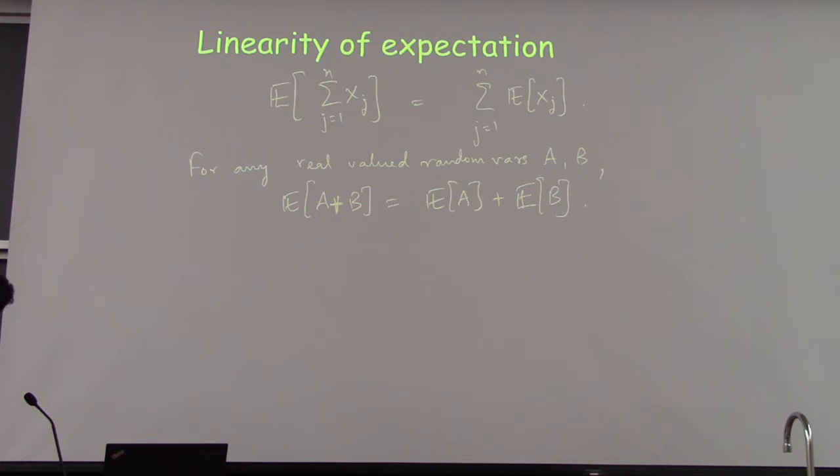So now we have this, and this turns out to be fairly easy. All we have to do is find the expectation of xj. For a given j, what is the expected value of xj?